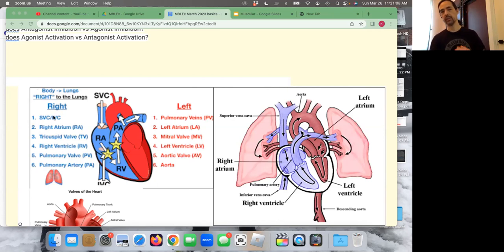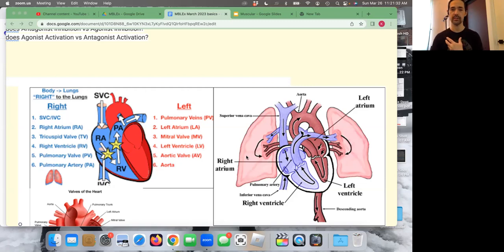Deoxygenated blood, superior, inferior vena cava, right atrium, tricuspid valve, right ventricle, pulmonary valve, pulmonary artery.